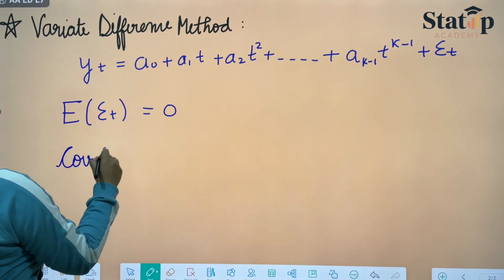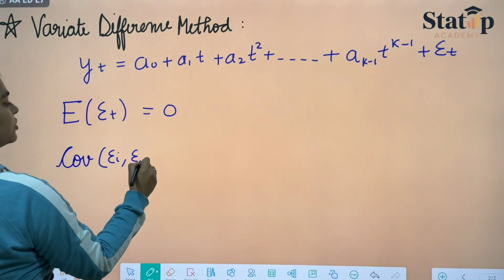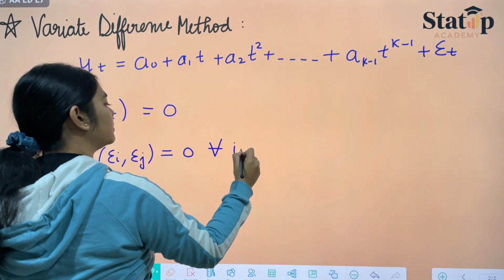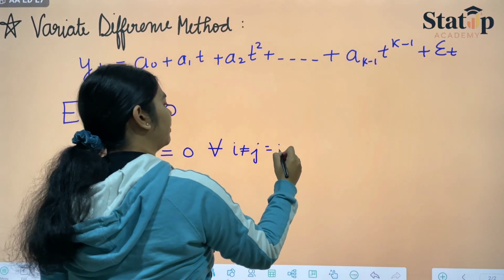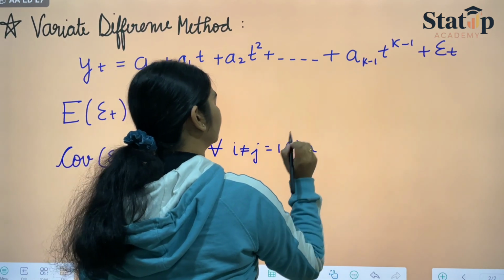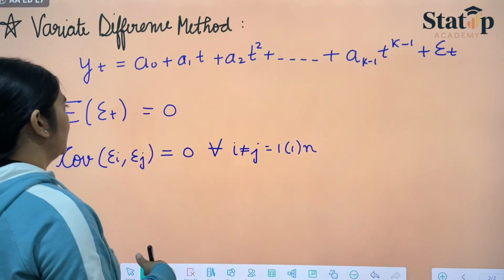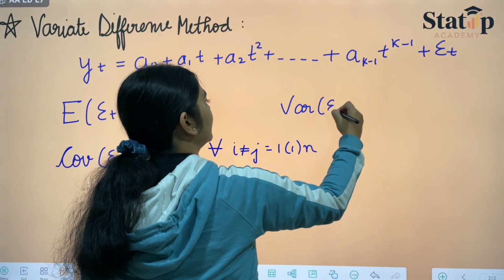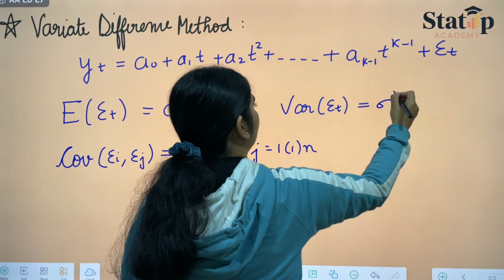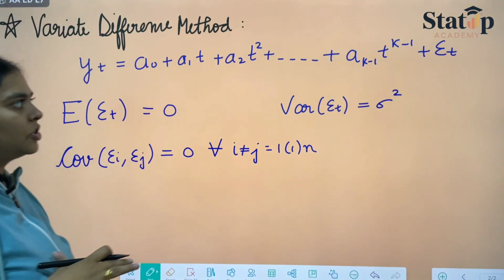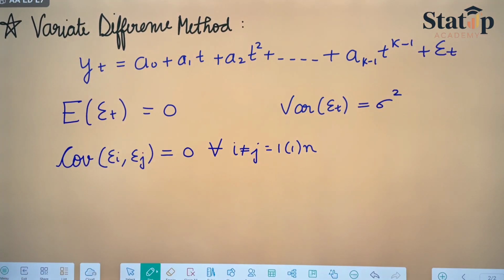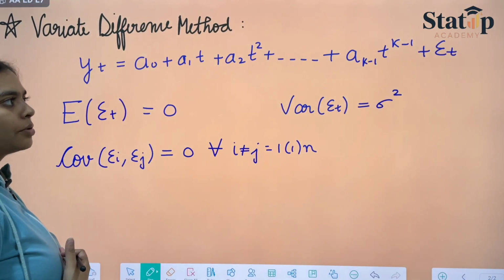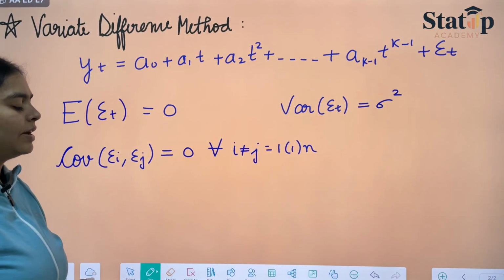Covariance between epsilon i and epsilon j is 0 for all i not equal to j, where i and j go from 1 to n, the number of terms. And variance of epsilon t is sigma square. These are the assumptions that we take for the model of our time series, similar to the assumptions in econometrics.